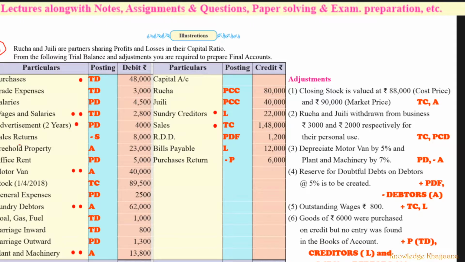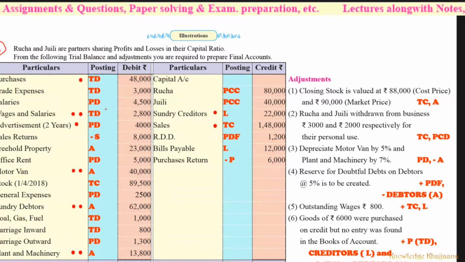If none of these kinds of general expenses, miscellaneous expenses, sundry expenses are given, then trade expenses will be recorded to profit and loss account. Okay, remember this forever. So here trade expenses are given along with the general expenses. So trade expenses will be recorded to trading account, debit side.